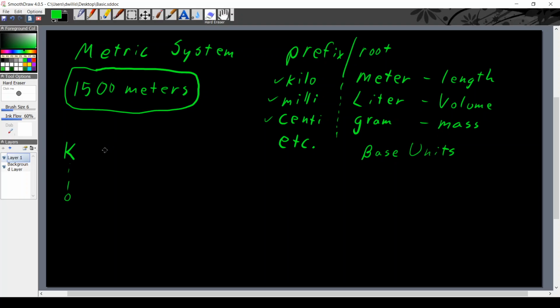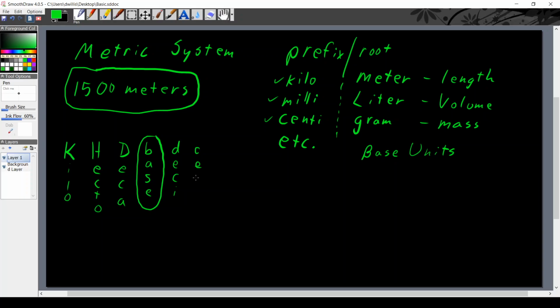Okay, so it should be kilo, hecto, then deca, and then we come to our base unit, and that's going to be your meters, liters, and grams. And then the next ones that we'll encounter are deci, centi, and milli.